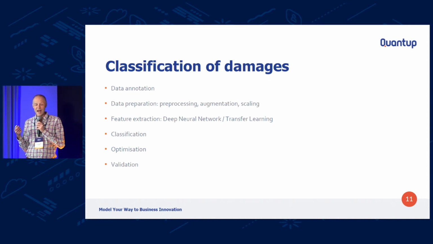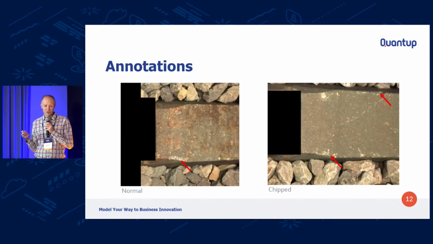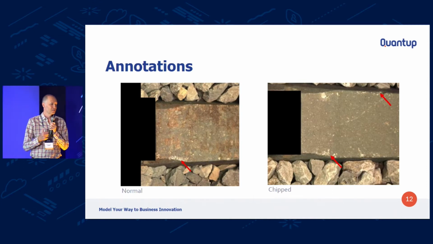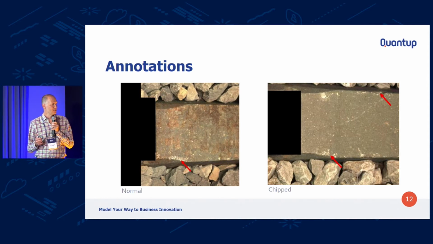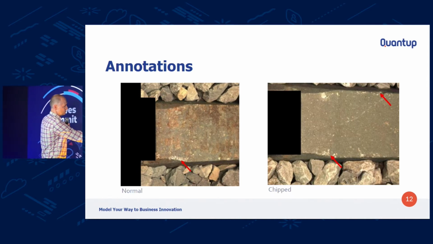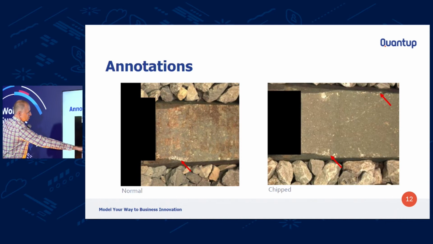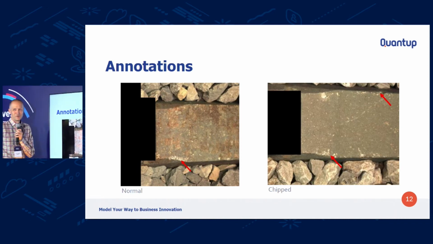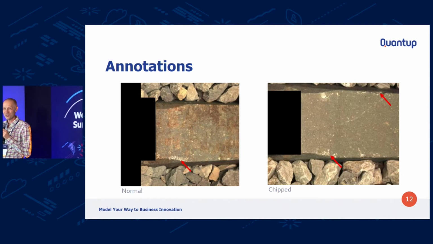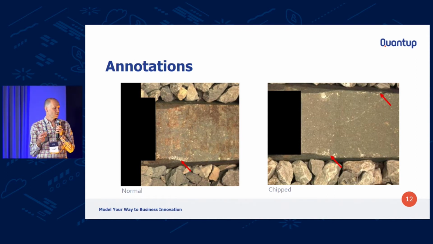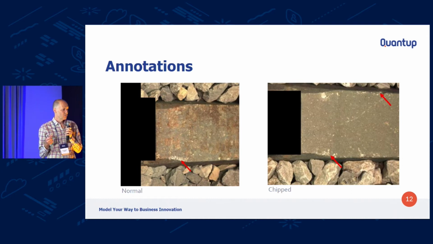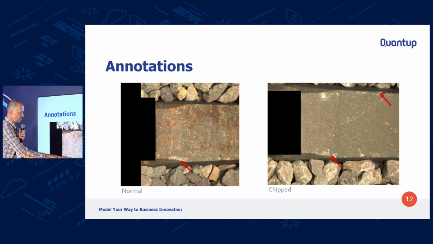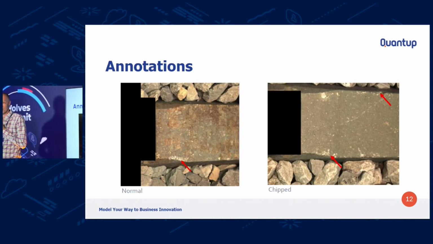So this was the outline of the method, but I'd like to emphasize just one thing, annotations. It's undervalued. What you can see, this one is normal. It's not chipped. And this one is chipped. So it's not that obvious to teach the algorithm what's normal, what's chipped. This algorithm should detect such small chips, but should not report this as chipped.